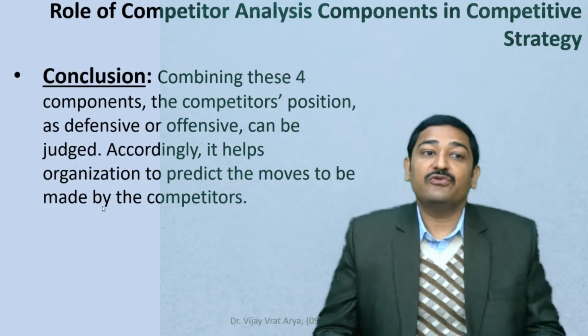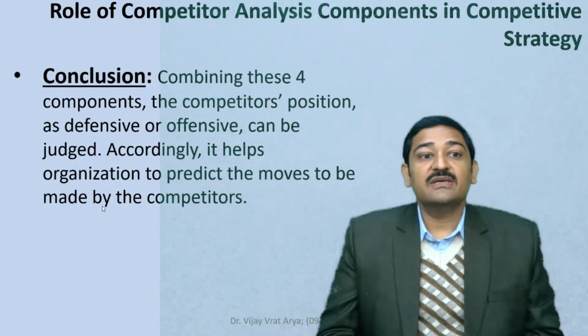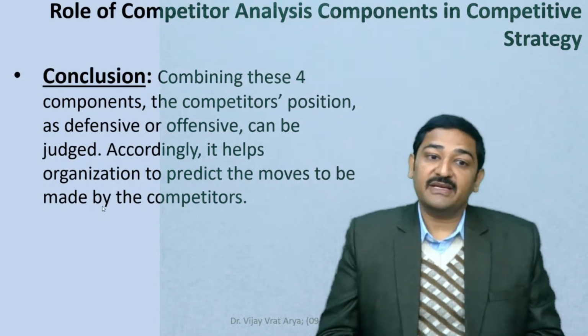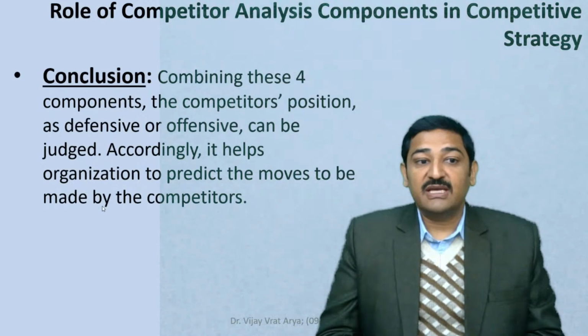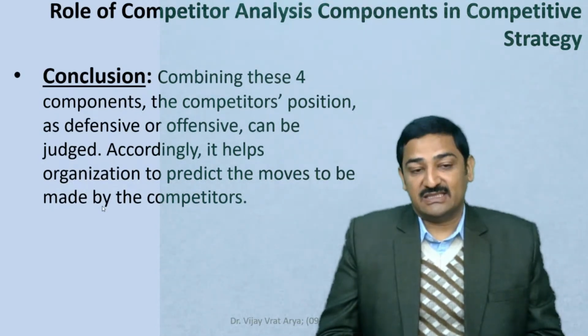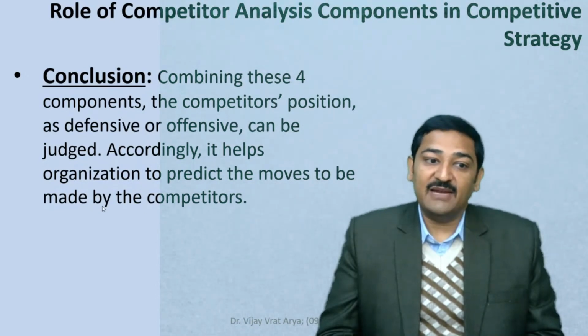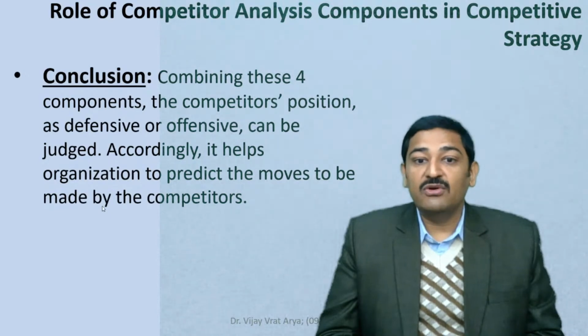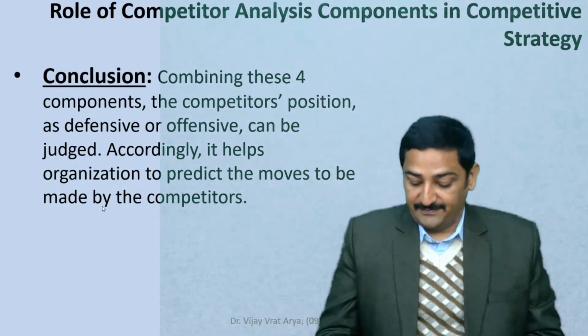Now, based on these four major components, we can conclude that by a combination of these four components, the competitor position as defensive or offensive can be assessed. And accordingly, it can help us as an organization to predict the move to be made by the competitor.